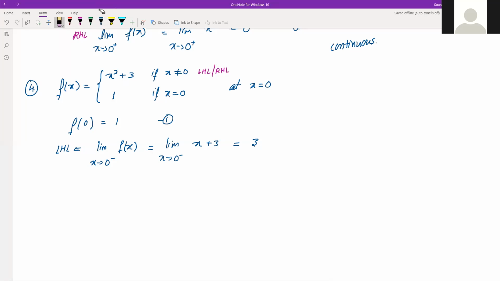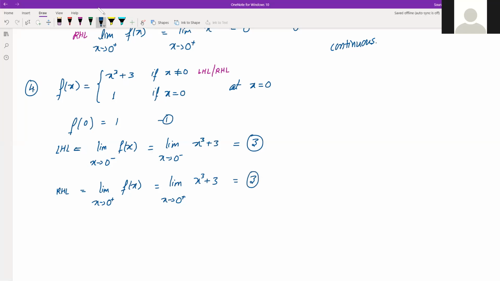So the left hand limit is 3. What about the right hand limit? That will be limit x tends to 0 from the positive side of f(x), and that function is also the same, x cube plus 3. So this is also 3.